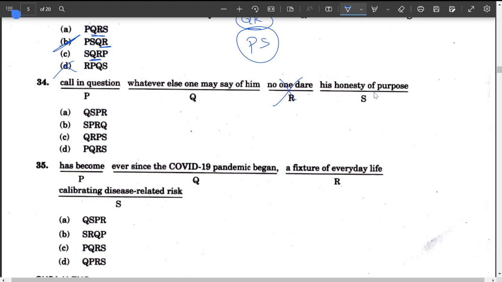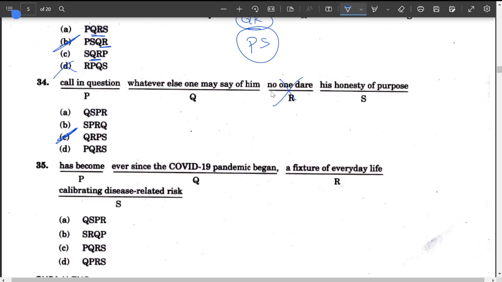Can we use that? Whatever can be the beginner, right? So we can go with the QR case. In the sense we have C here. Whatever else one may say of him, no one dare call in question his honesty of purpose.